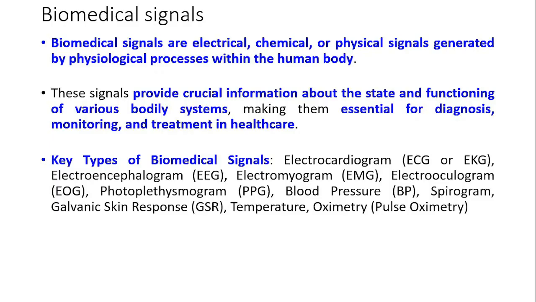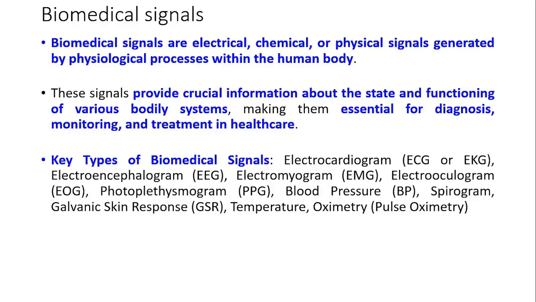Biomedical signals are the electrical, chemical, or physical signals generated by physiological processes within the human body. Electrical signals: cardiac muscles, when they contract, generate electrical signals. Muscles, when they contract, generate electrical signals. Chemical: when there is neurotransmission, some chemicals are released, and those chemicals go and excite the next neurons so that the signals can be transmitted.